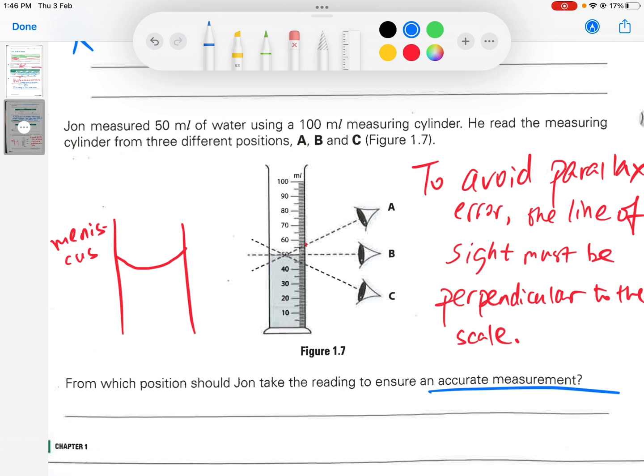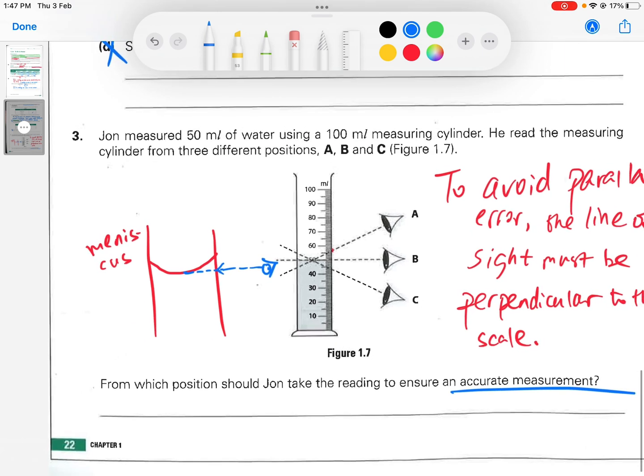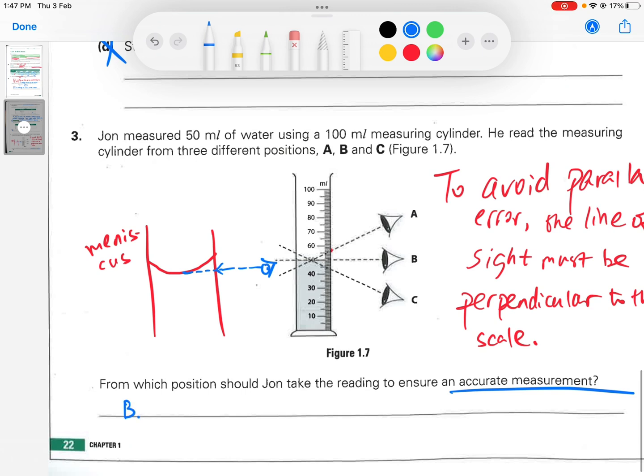We need to read it by going to the bottom of the meniscus. Then your eye should be there. So you read off the reading from here. Your eye should be level with the bottom of the meniscus. So which one is the right position? A, B, C? The answer is B.